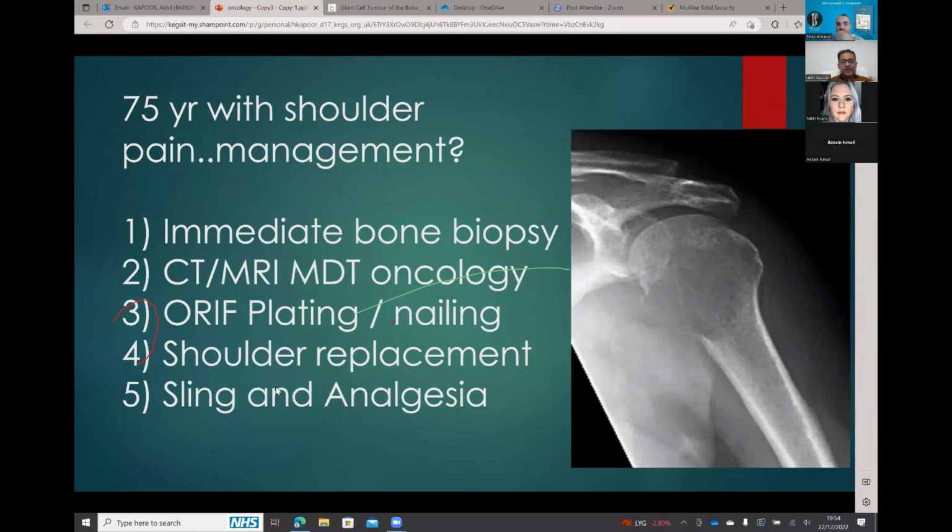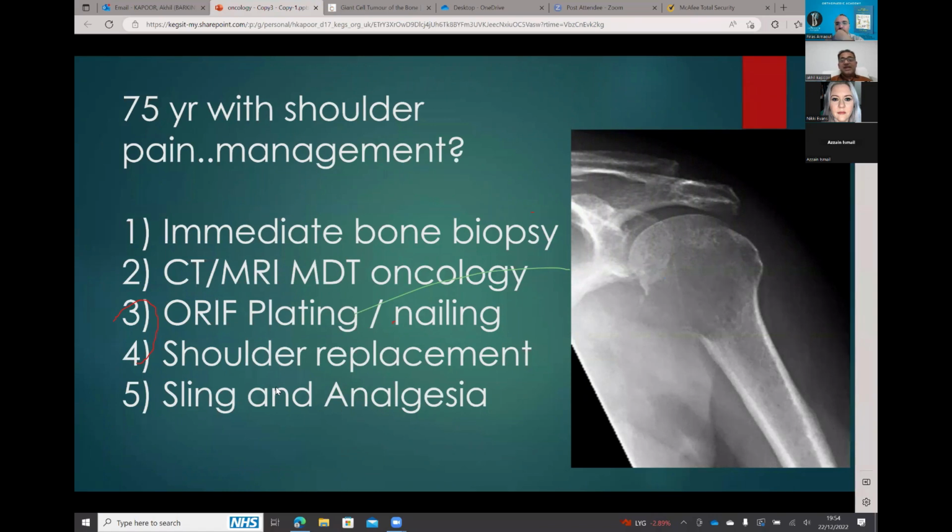Now, I appreciate 2 of you have picked the option of sling and analgesia. I deliberately put that option because, yes, you're quite right. Sling and analgesia will also probably be necessary. But I wanted to highlight and remind you that the first thing that should come to your mind when you see such an aggressive lesion is MDT.